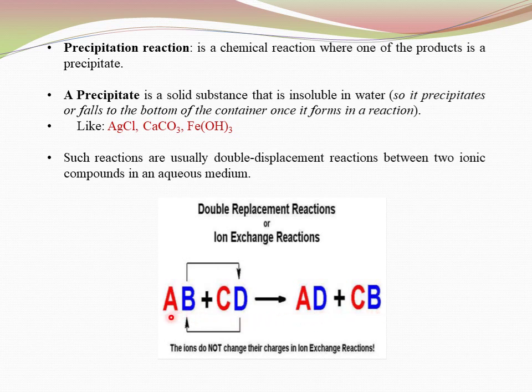Again, a double replacement reaction occurs between two ionic compounds in aqueous solution, and the cations and anions in the reactants change partners in the products.